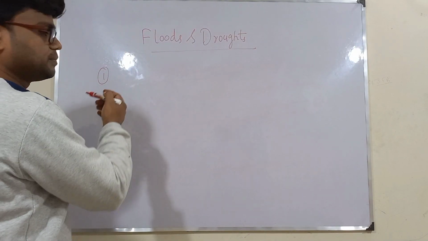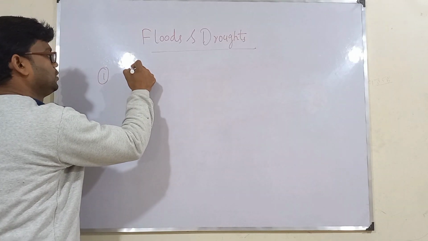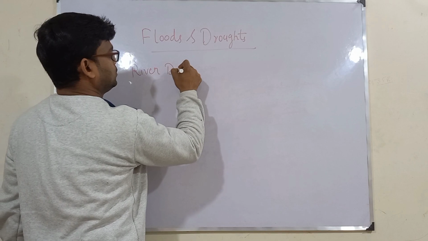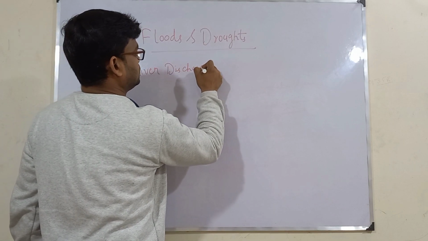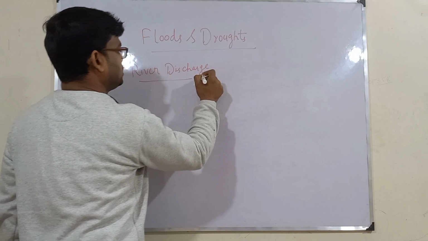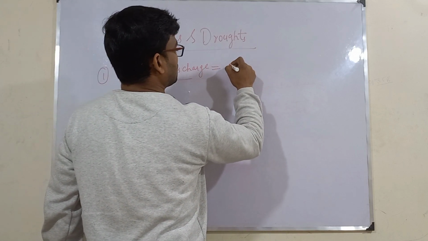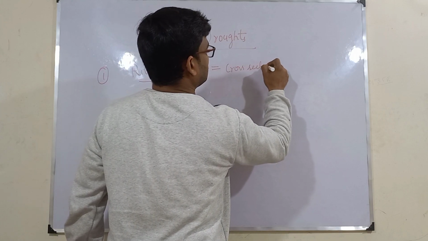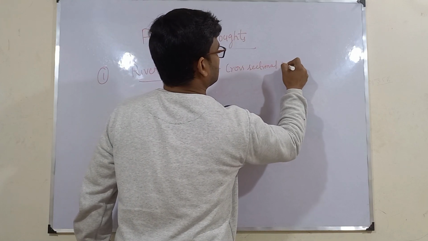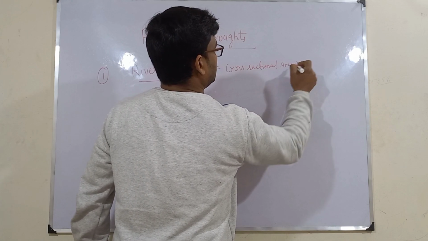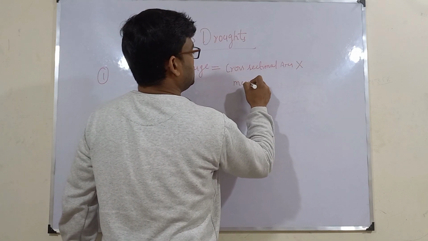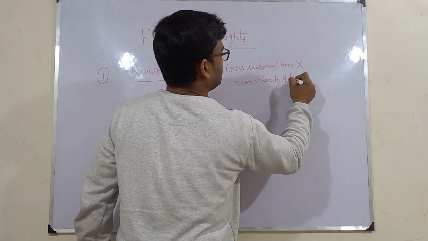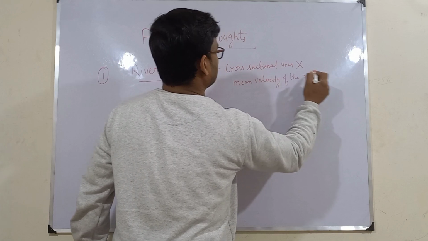The first major reason for flood is river discharge. Now this river discharge is given by a formula: cross sectional area into mean velocity of the river.